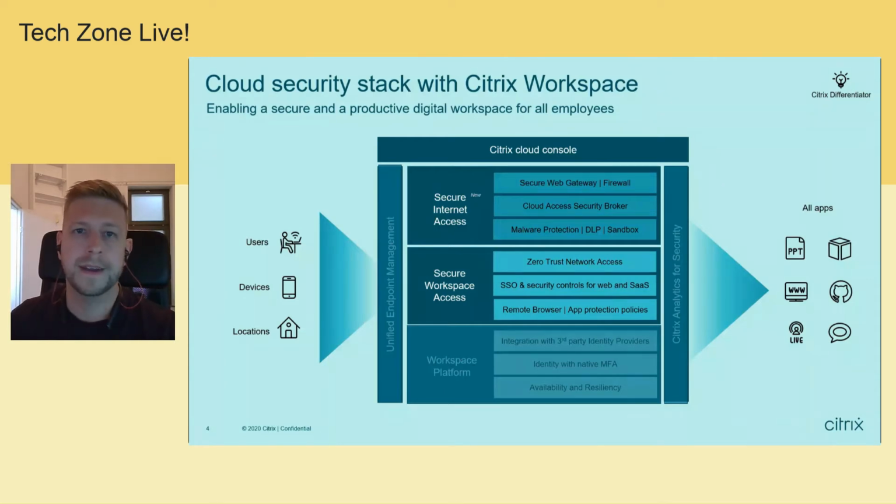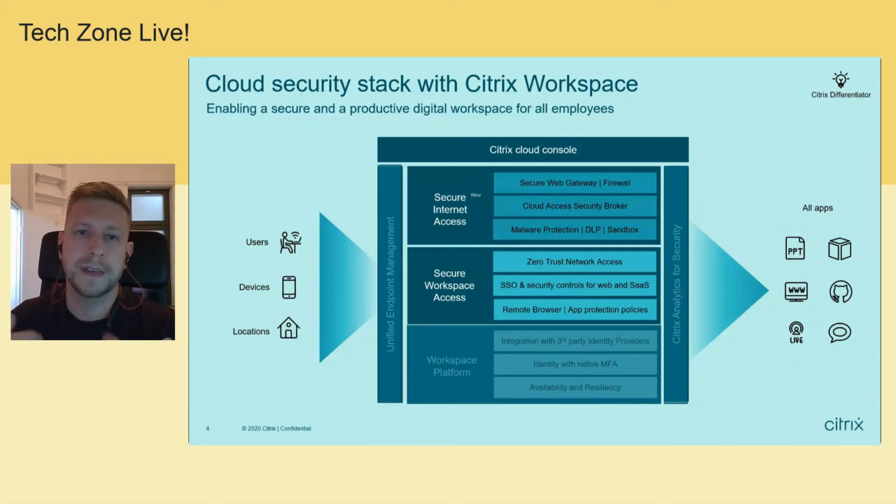And this is where SIA, Secure Internet Access, comes into the picture. It's our new offering that kind of speaks to the SASE model that Gartner came up with. And that's essentially built to safeguard the user from the internet, right?